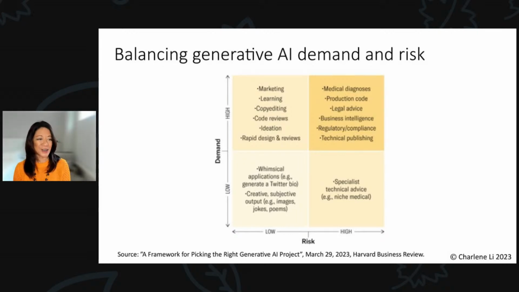So you can see here, for example, that there's a lot of demand for this low-hanging fruit around generating content. So it's marketing, it's in learning, copy editing, ideation. A lot of those initial use cases that I talked about are in this upper left-hand quadrant because there's high demand for it, and the risk is relatively less compared to other things.